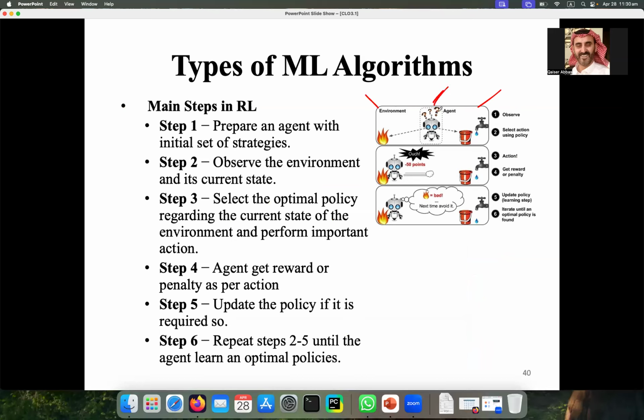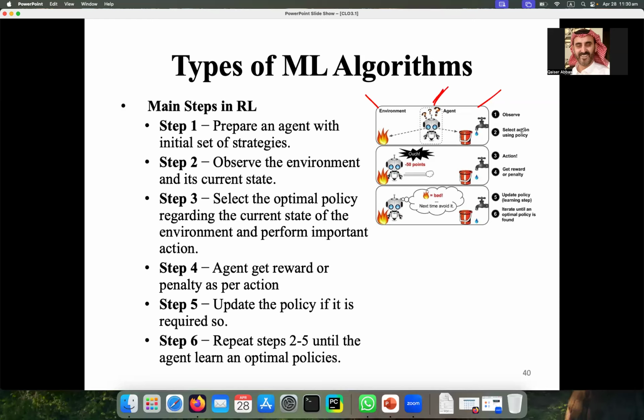The agent will observe that in the environment, fire is going on one side, and how the fire can be put off through this water. But now, what will the agent do? Either the agent will move towards the right-hand side toward this fire, or toward the left-hand side toward the water tap. So the agent will observe this first.